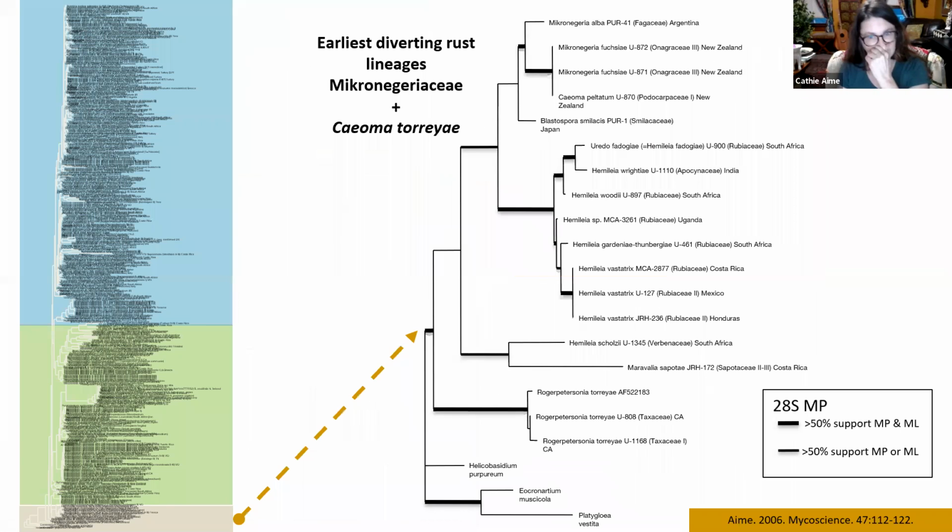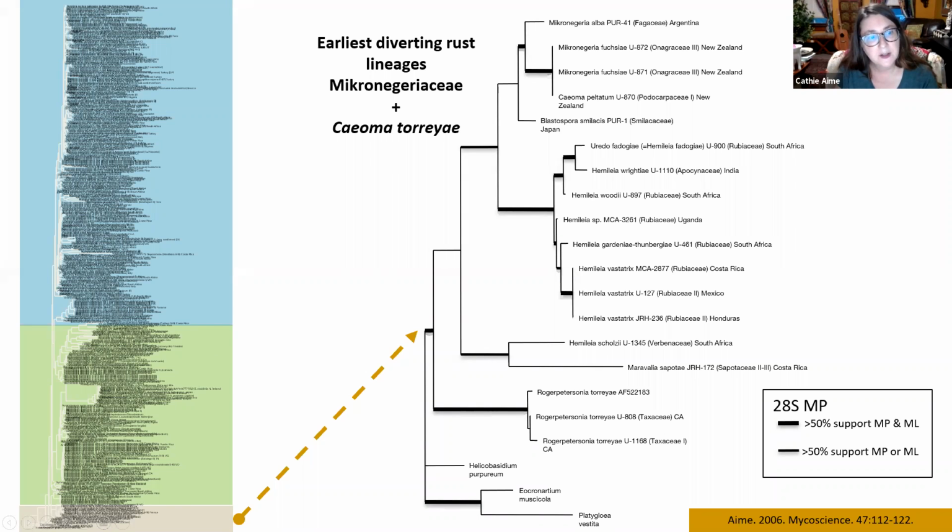So the next step was to resolve the rust tree of life and see what's down at the base. Do they have teliospores? Do they have any of these other spore stages? Or are they just teliospores and the other spore stages came later?